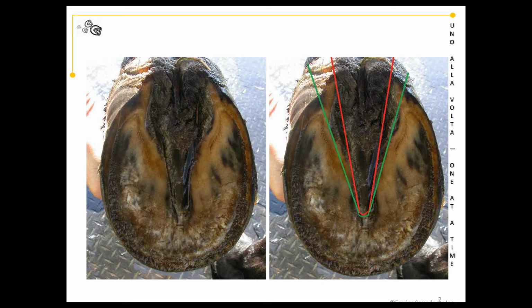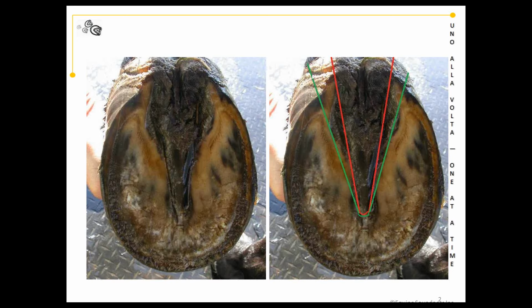The heels are narrow. The wall often comes around the back of the hoof. This is the hoof that you see on the left side, very contracted, should be every trimmer's nightmare. On the right side, you see a little bit when we are talking about heel contraction.